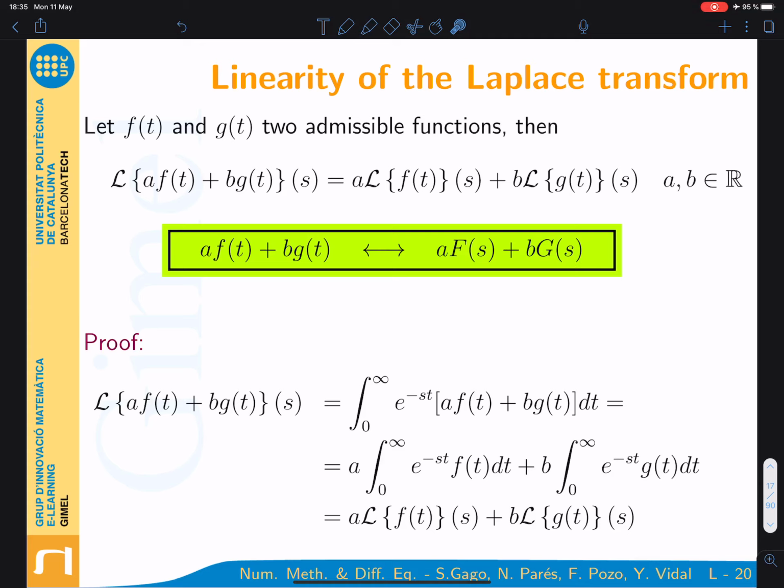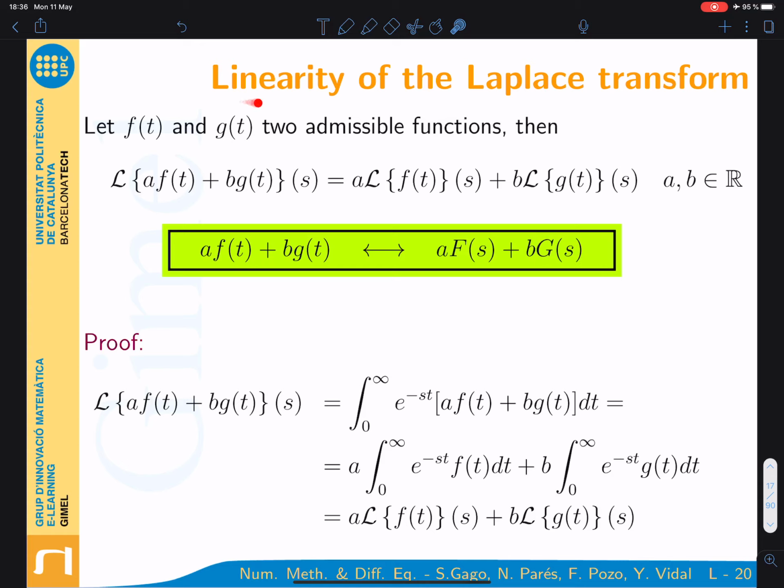This notation of the arrow is telling us that when f of t and g of t are functions that have a Laplace transform, they are admissible, then the Laplace transform of a f plus b g, where a and b are just real numbers, is just a times the Laplace transform of f plus b times the Laplace transform of g.